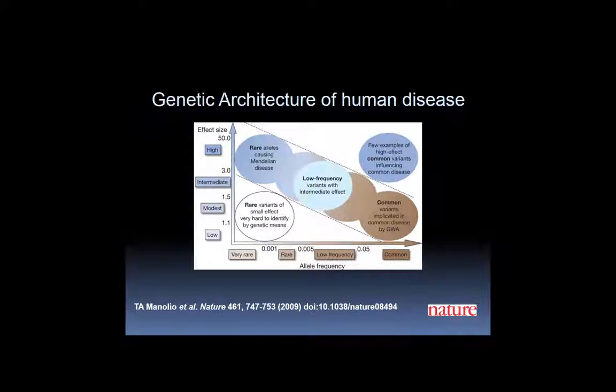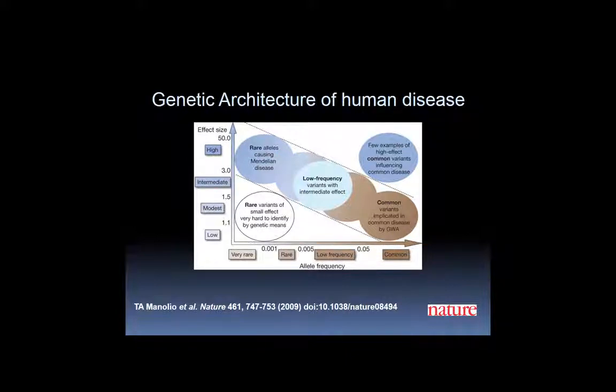So you'll see this slide lots of times, and it comes from a review by Teri Manolio from 2009. But I think it's a good slide to illustrate how we think of the genetic architecture of pretty much any disease trait. For many diseases, you have this small group of individuals who may carry very rare alleles that cause Mendelian disease.